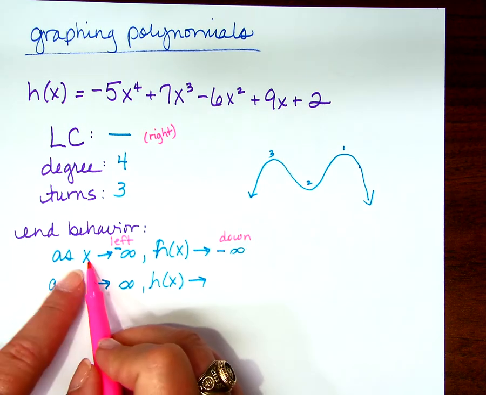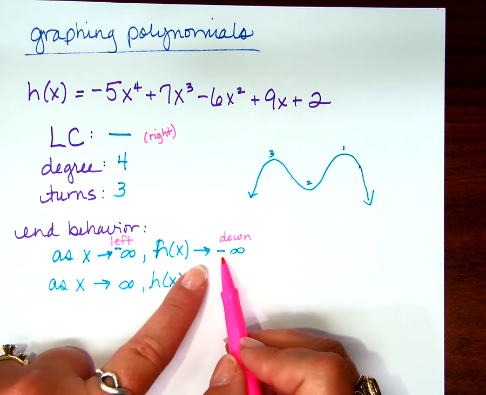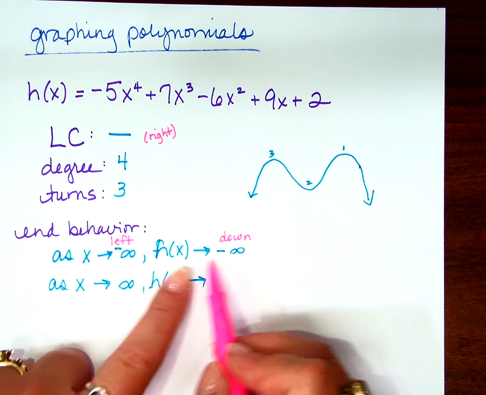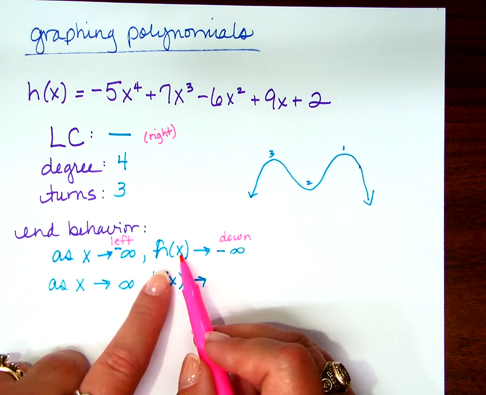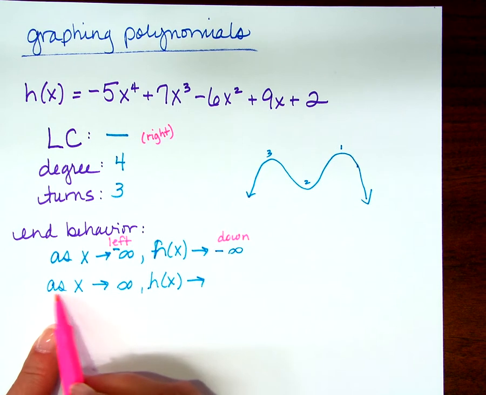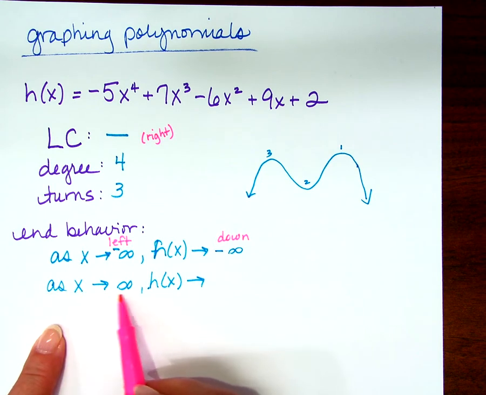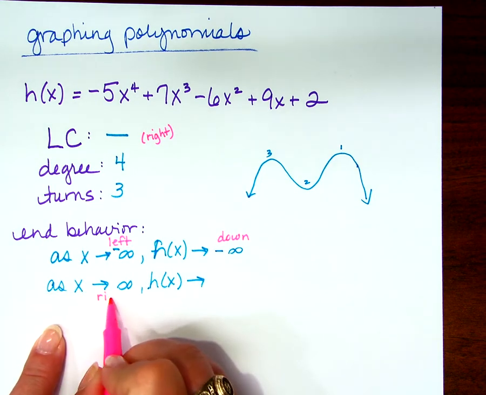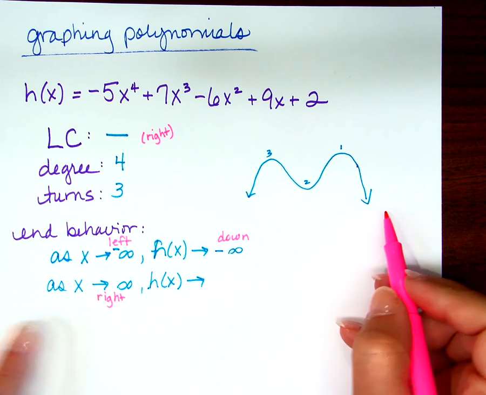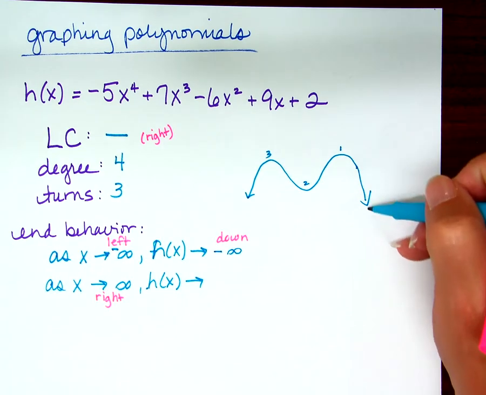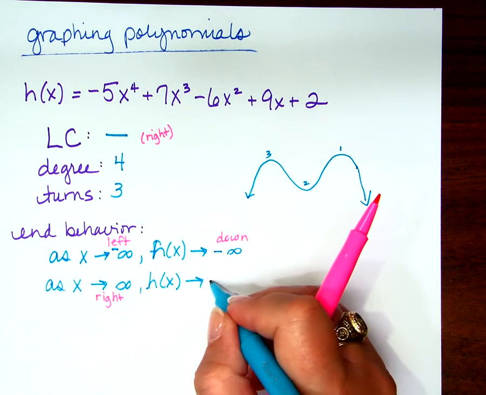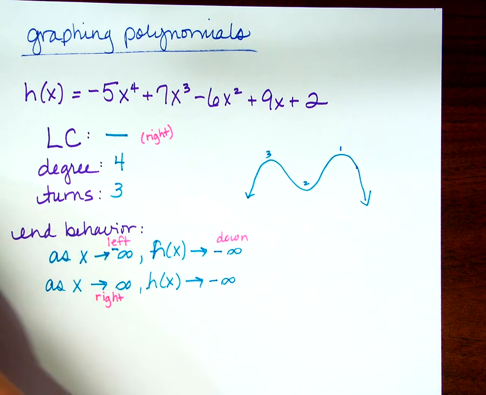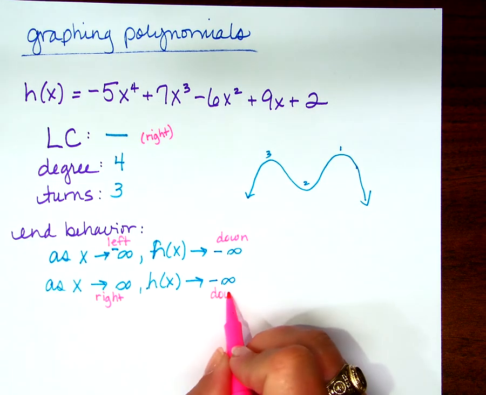So as x is going to the left, y is going down. The value of the function is the same as saying y, right? What's this saying? As x is going to the right, because it's going to positive infinity, what's happening to the function? It's going down, so we would also put negative infinity because it is going down.